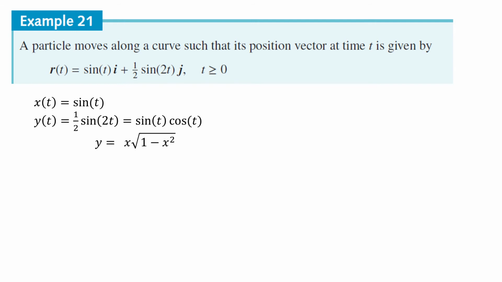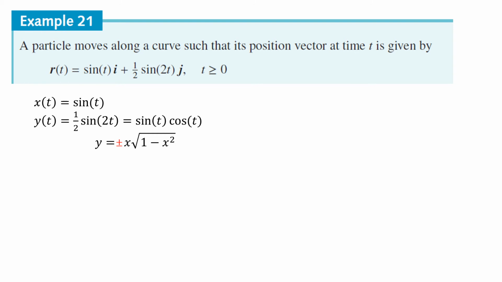So in fact, the full expression of this relationship between y and x could be given as follows. Y is plus or minus x times the square root of 1 minus x squared, accounting for the fact that t is going from 0 onto positive infinity, covering first, second, third, fourth, and repeated cycles. I'm sure quite a few of you missed that particular detail.